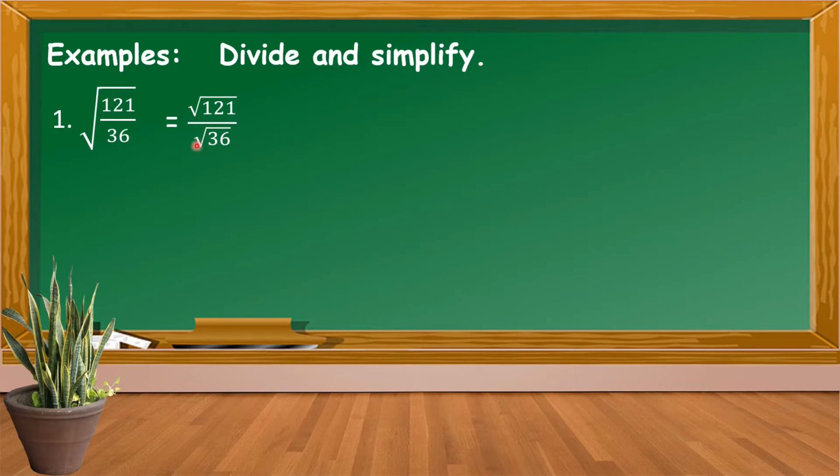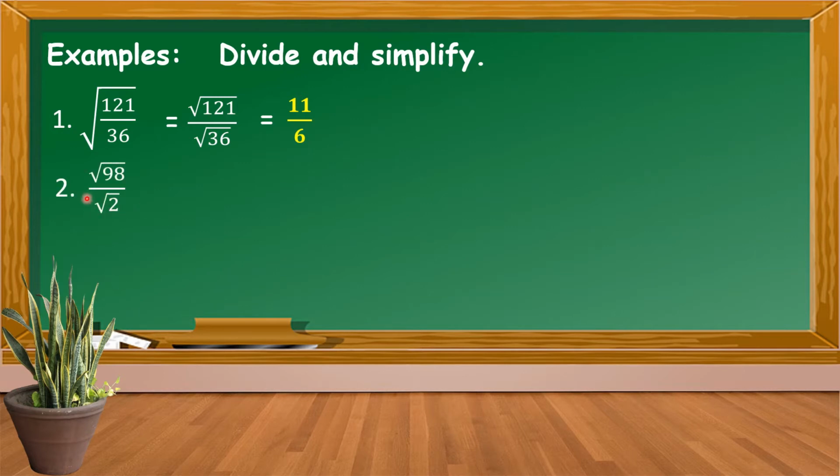So we have square root of 121 over square root of 36. That is 11 over 6. How did we get 11? 11 times 11 is 121, or the square root of 121 is 11. And the square root of 36 is 6. So 11 over 6 is our answer.